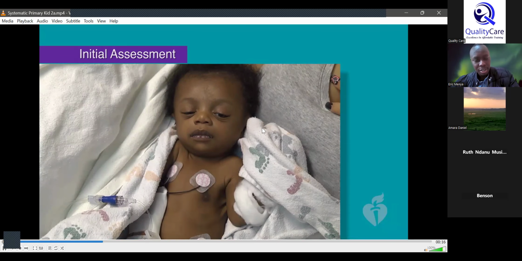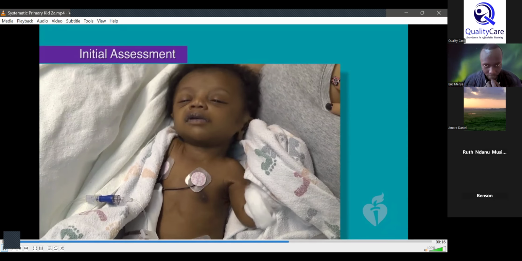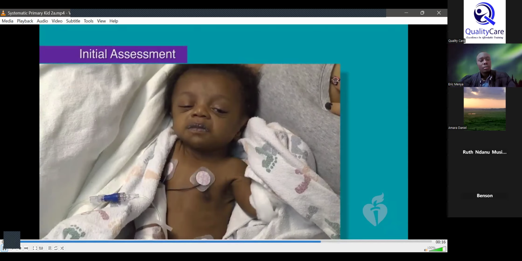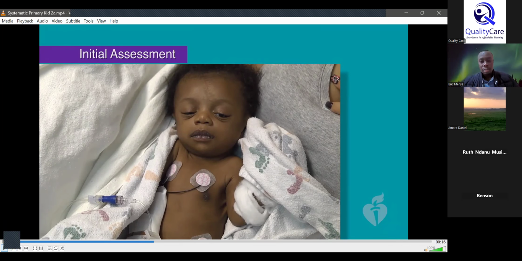Okay. So there is the child or infant, I'm not sure. What is your finding at appearance? At appearance, on the tone, baby has decreased tone, it's not normal tone.